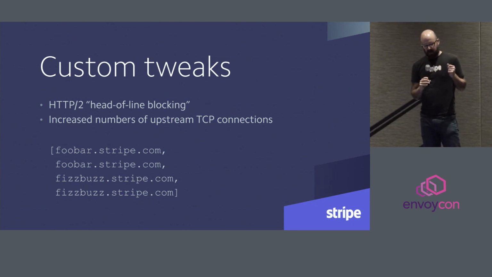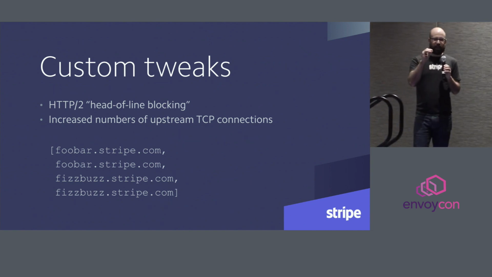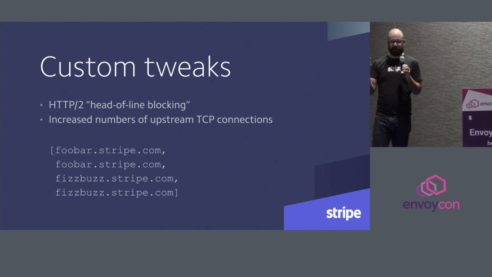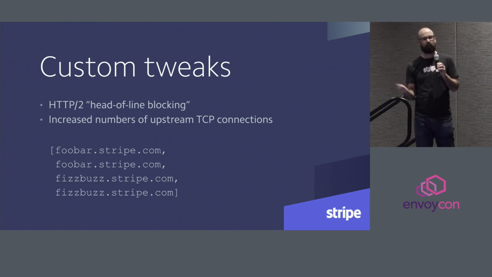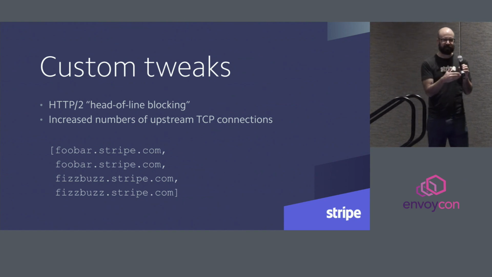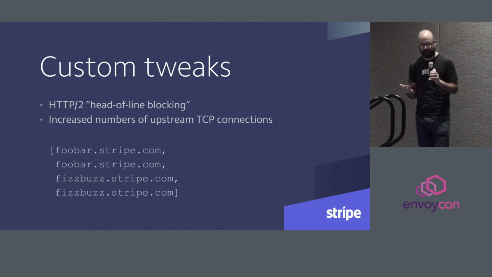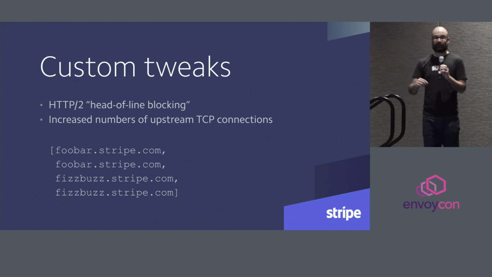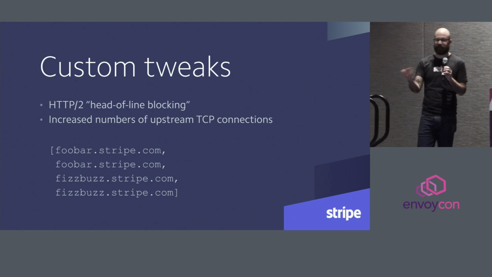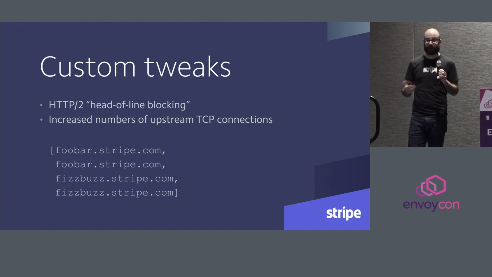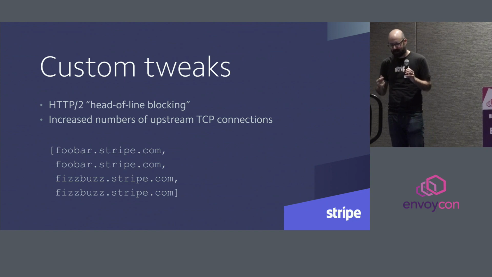So in addition to changing the congestion control algorithm, we encountered this HTTP2 head-of-line blocking problem. Well, HTTP2 is supposed to solve head-of-line blocking, but it has its own head-of-line blocking problem. It's just one based on TCP. If TCP isn't able to send all the packets, there's nothing a higher-level protocol like HTTP2 can do to fix that.